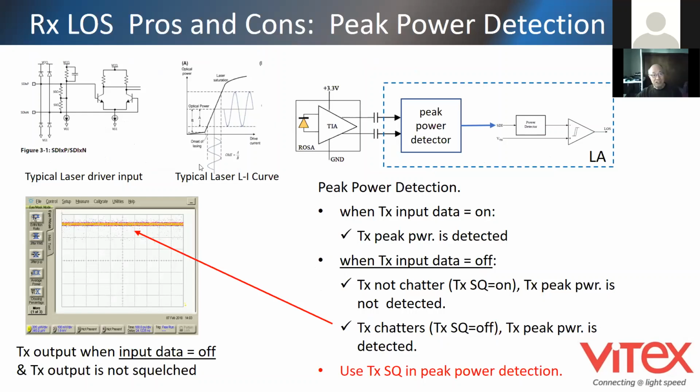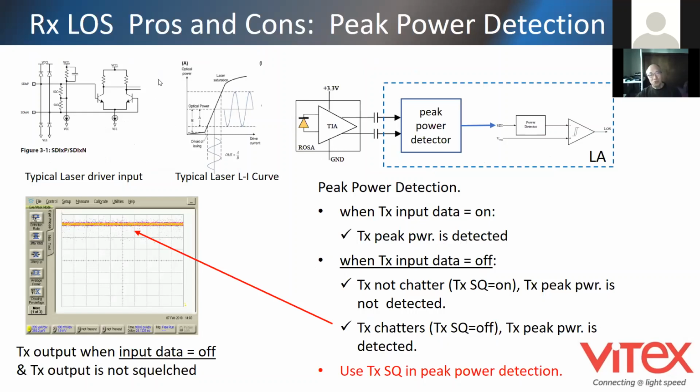Again, I use the same laser LI curve. So let me go through this scenario. When the transmitter input power is on, the transmitter peak power is detected, right?